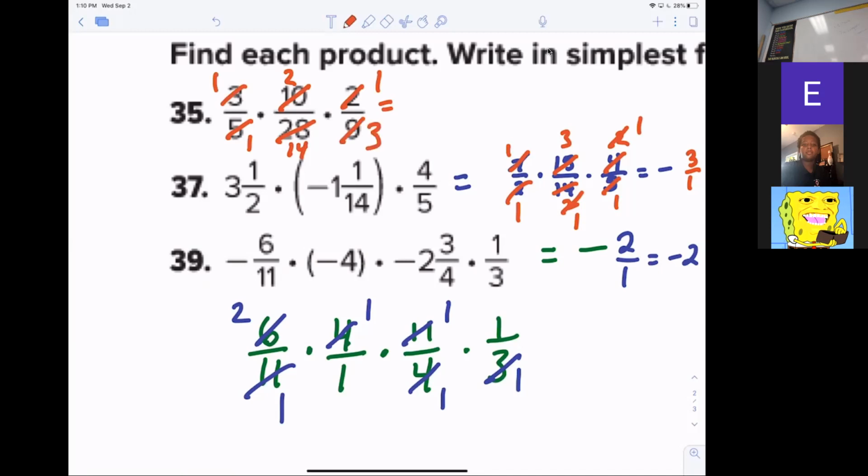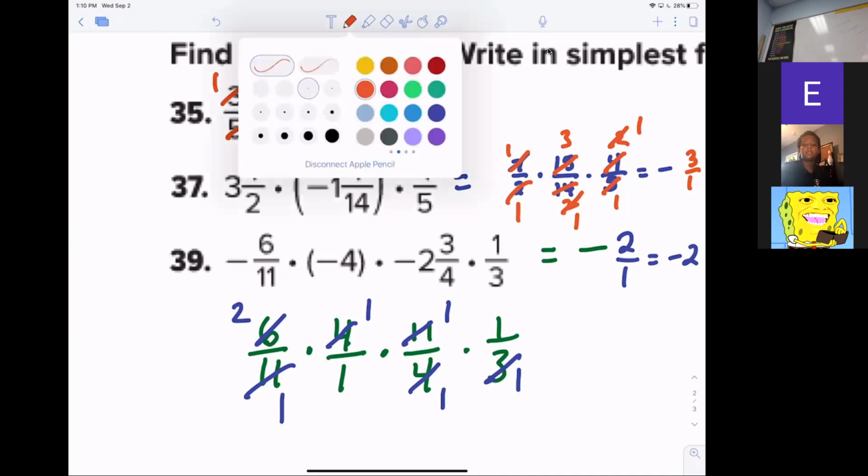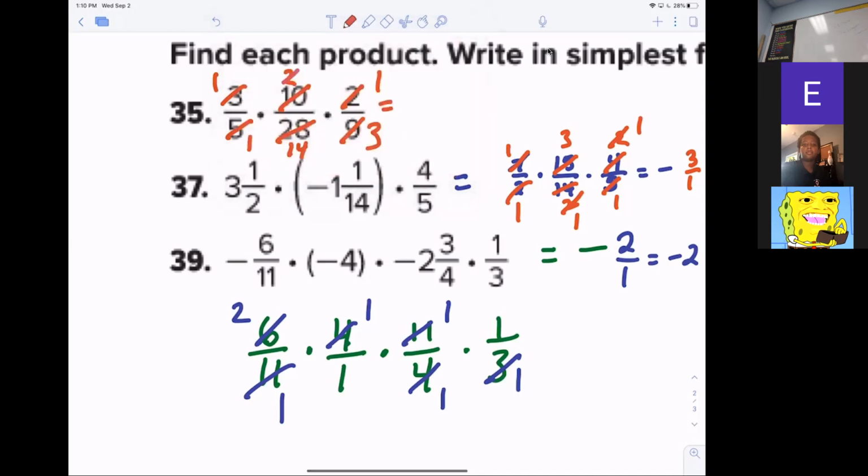And then the 14, the 2 becomes a 1, 14 becomes a 7. Final answer would be 1 over 21. I'm proud of you, kiddo. 1 over 21. It makes it so much easier. It's quick. It's easy, guys.